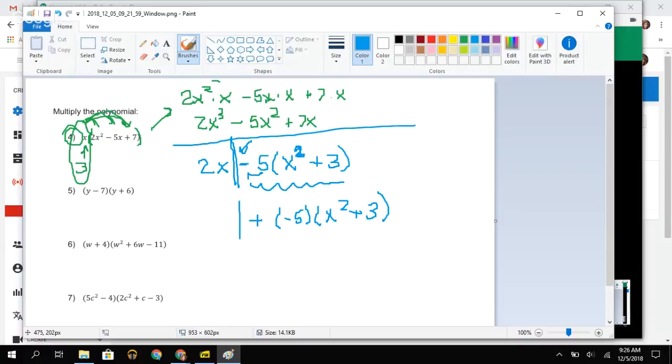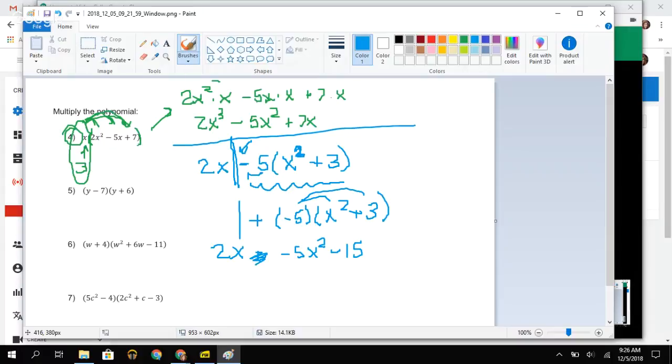So these two are written the same. Then when you distribute it, you can say it's plus a negative 5x squared, minus, well, you actually don't even need the plus there anymore. You can just say negative 5x squared minus 15, and now your 2x comes back in play.